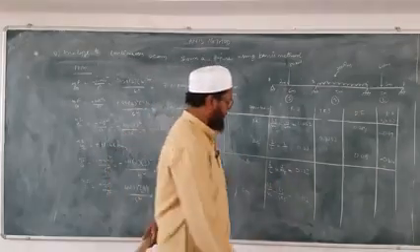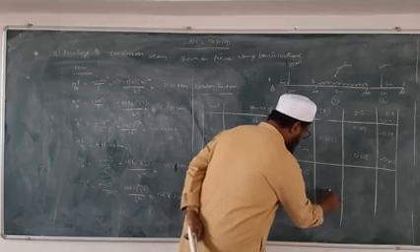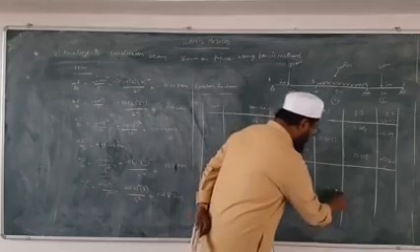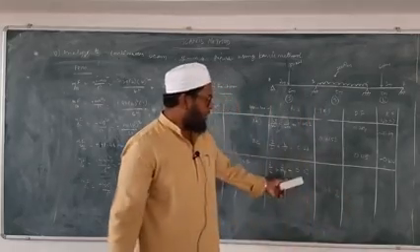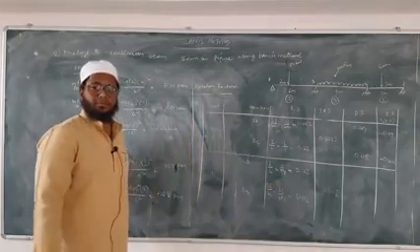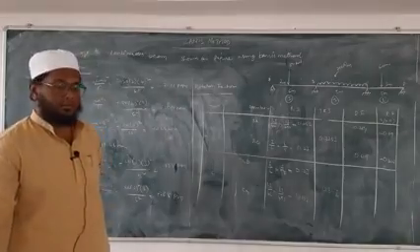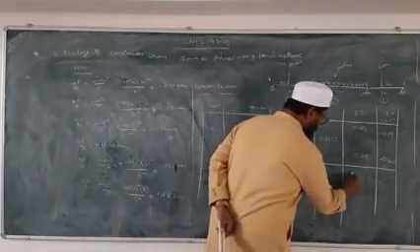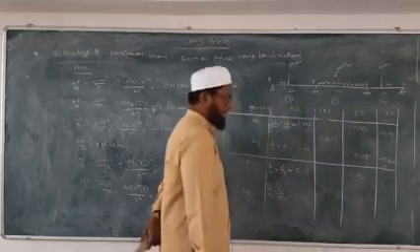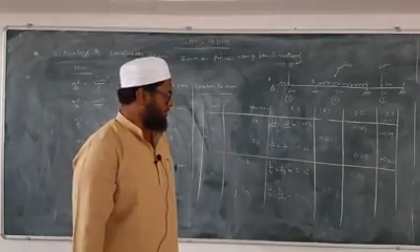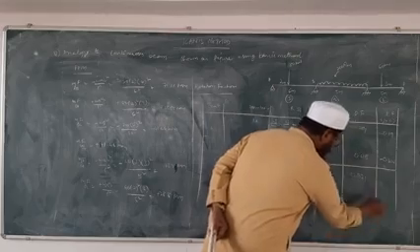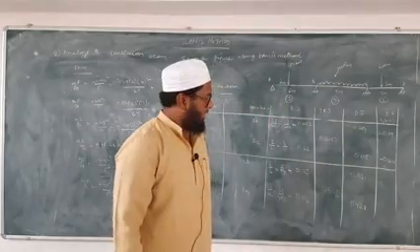Now what will be the total value? 0.35 I. Now 0.2 divided by 0.35 is 0.571. Next, 0.428.